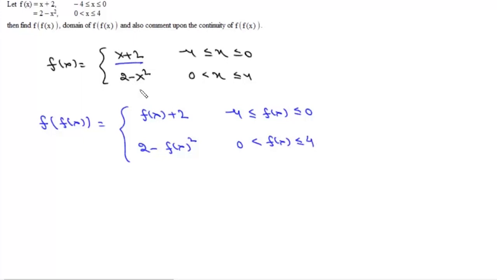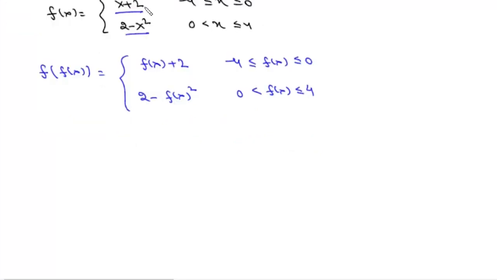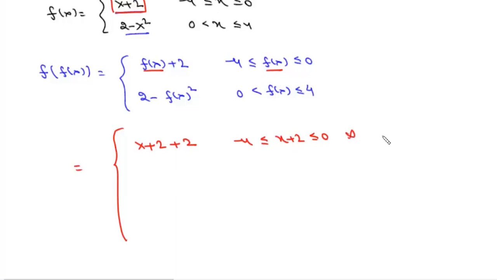Now we have two definitions of f(x). So we'll split this definition in 4 parts. Now first we'll take this x plus 2. So we'll put f(x) as x plus 2 in these two. So it will be x plus 2 when x plus 2 lies between minus 4 and 0, and this condition is when x lies between minus 4 and 0.